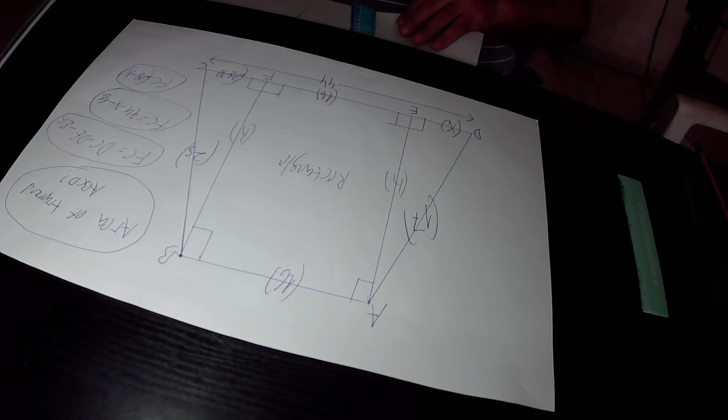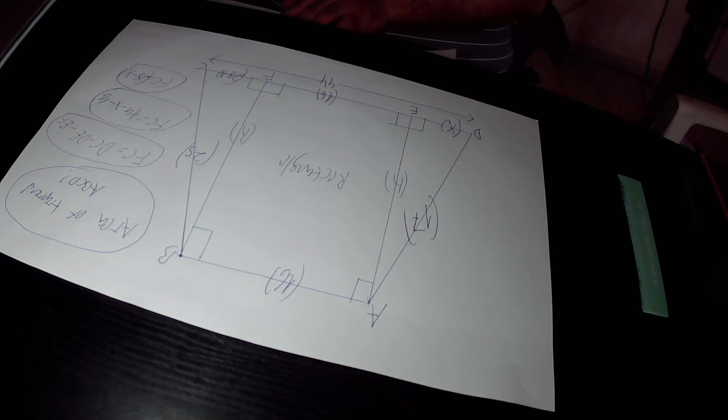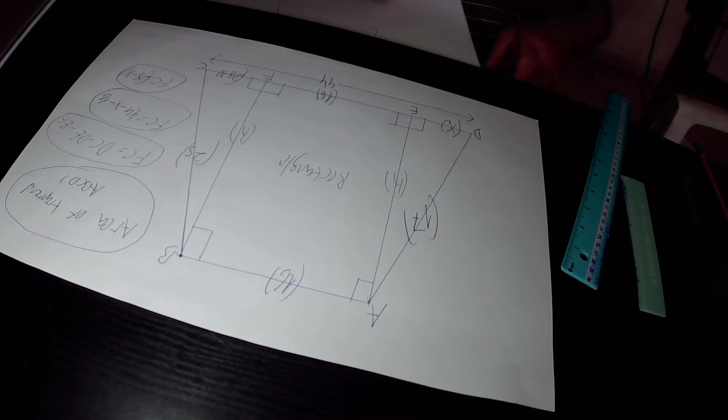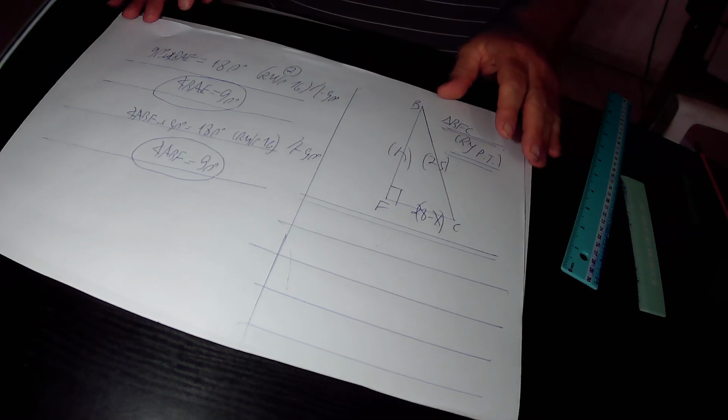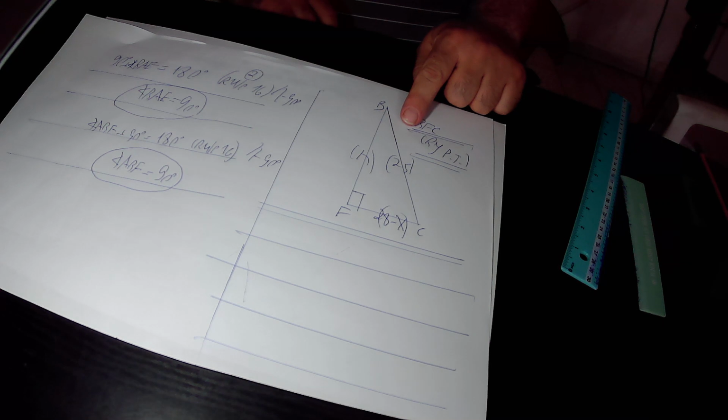Here PT is the abbreviation for Pythagorean theorem. So this is the right triangle BFC from the current drawing.